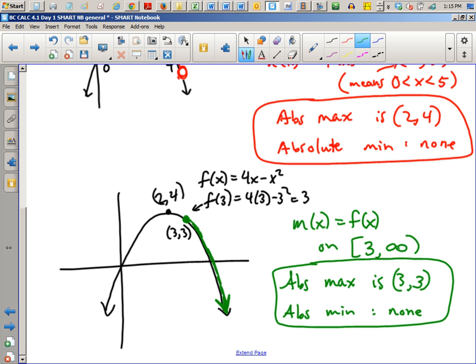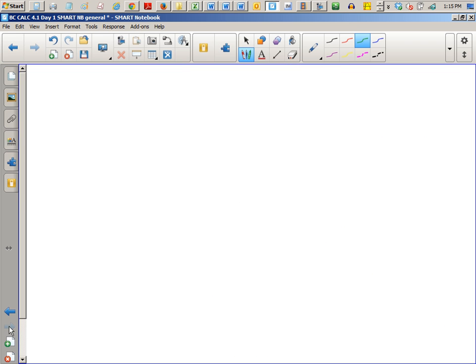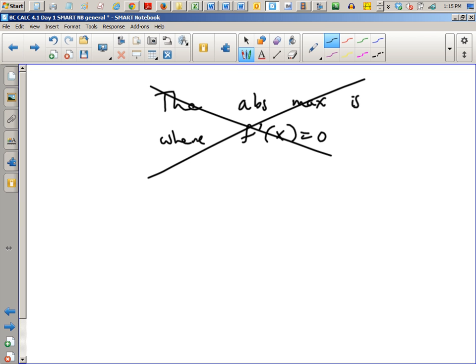Okay, so this statement is not quite true: the absolute max is where f prime of x equals 0. This is not the whole truth. This might as well be a lie. Okay, so then can we say this?